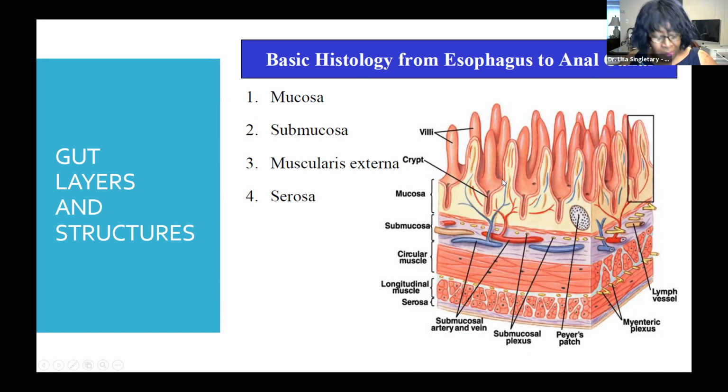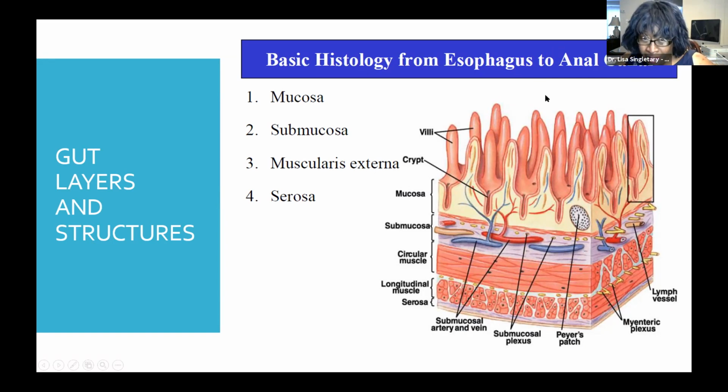Histology means the study of the cell. So I want to point out 2 structures on it. So they're layers, right? These layers are from the outside down here to the inside. And this white space up here would be the lumen of the gut.